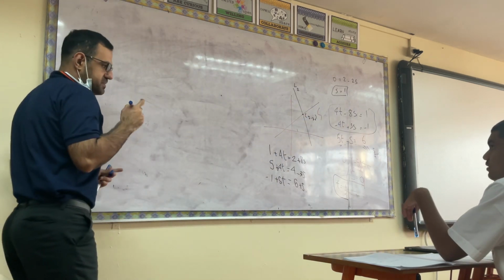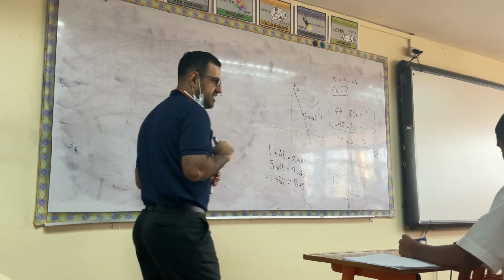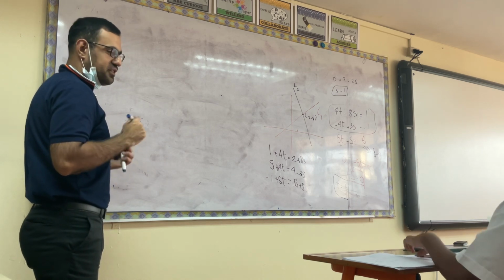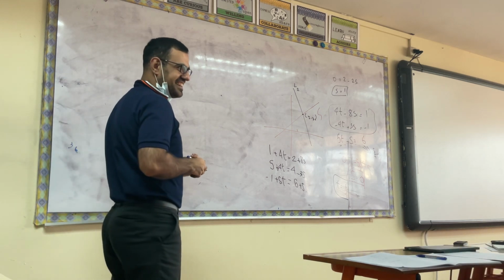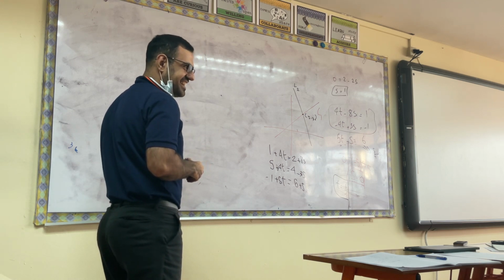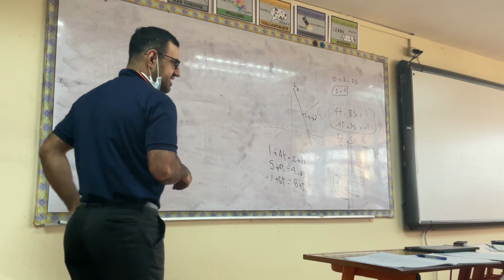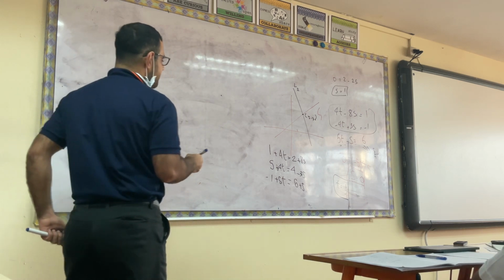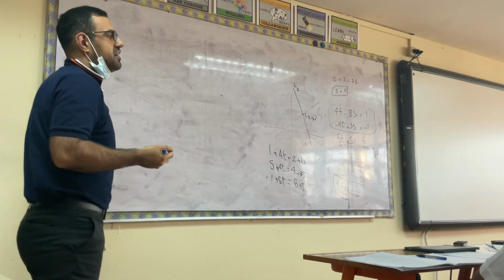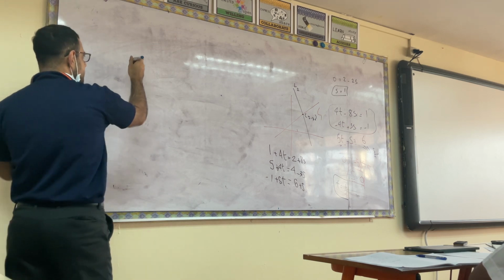Do you remember the formula for velocity? In physics, v equals u plus at. There are multiple, you can solve for many. But I want the equation for velocity, similar to the line equation.